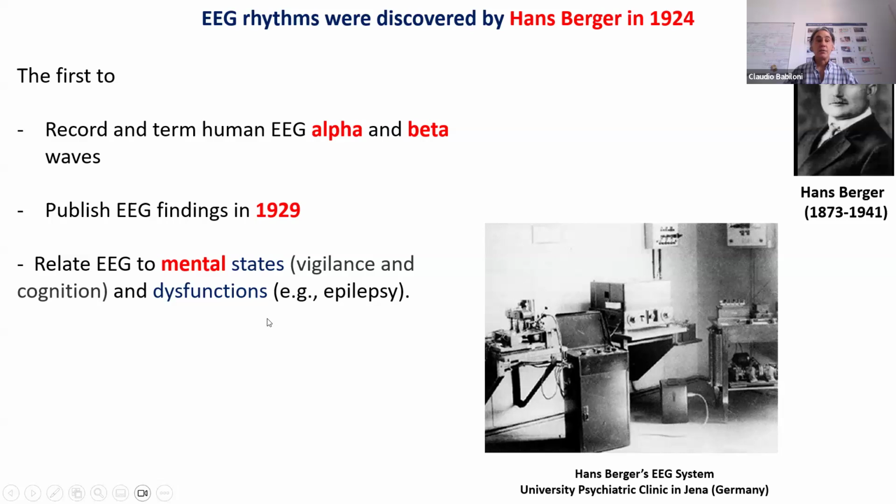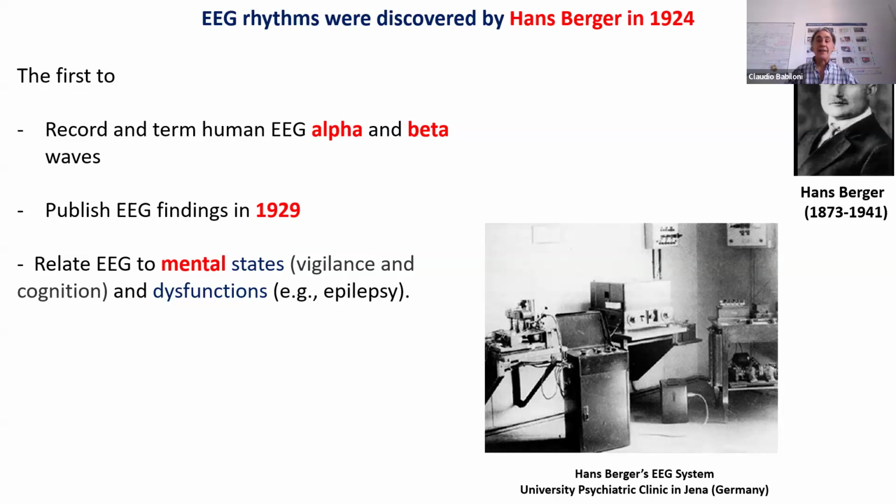He was the first to coin the term human electroencephalography and the first to name alpha and beta waves of electroencephalographic activity. The first recording was in 1924, but the results of these EEG recordings were published in 1929.